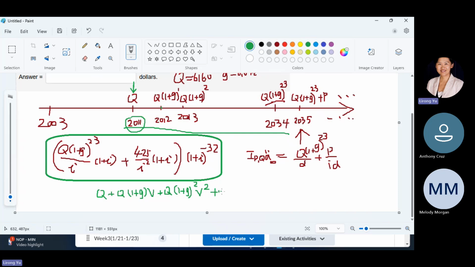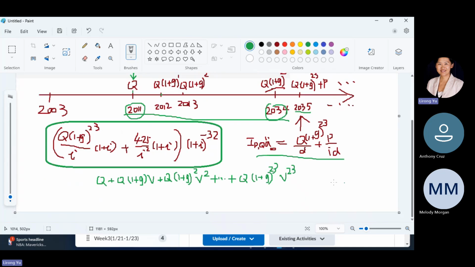You have to do this up to the last one, which is the one in 2034. Because I'm counting 2035 in the calculation already, this one has been counted in the annuity. So 23 plus that one makes 24 payments. The last one is Q times 1 plus G to the power of 23, times v to the power of 23. So that looks like a geometric summation.